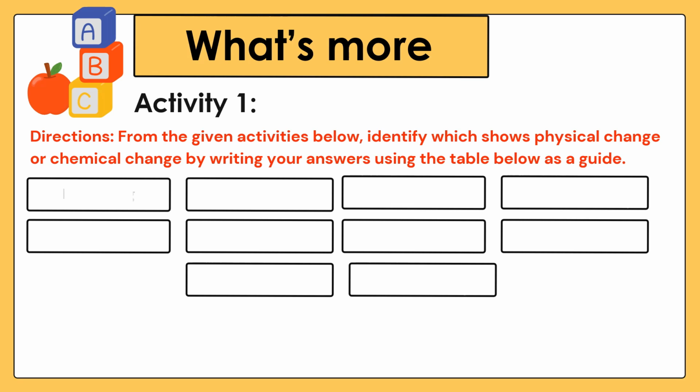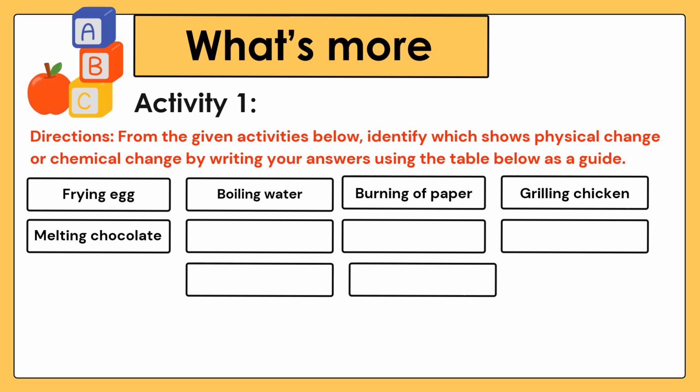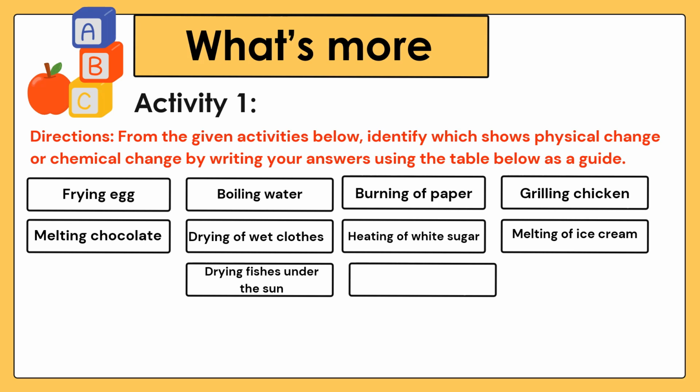Here are the choices: frying egg, boiling water, burning of paper, grilling chicken, melting chocolate, drying of wet clothes, heating of white sugar, melting of ice cream, drying fishes under the sun, and drying wet palay under the sun. So let's start.